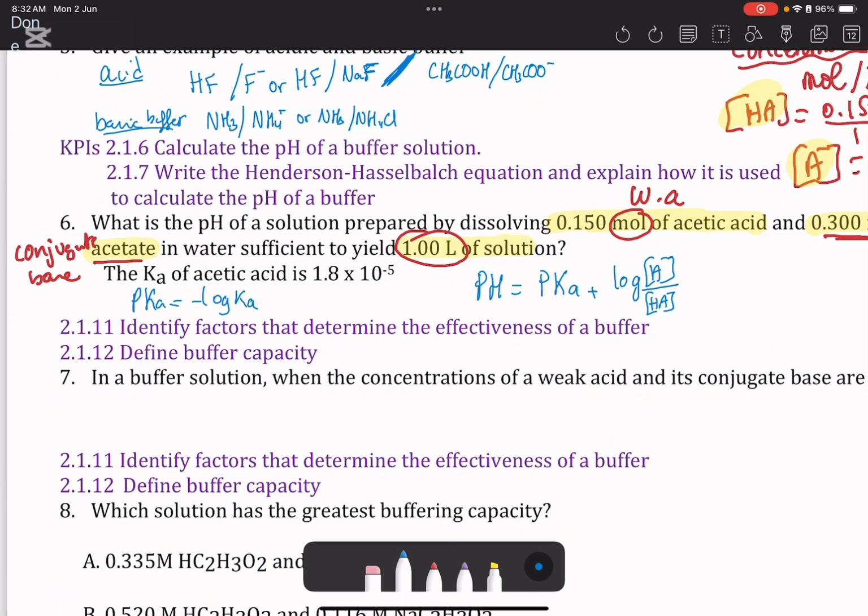So you're going to plug in here 1.8 times 10 to the power negative 5, put it in your calculator, and you will get the pKa. So in this case we have minus log of 1.8 times 10 to the negative 5, that's 4.74.